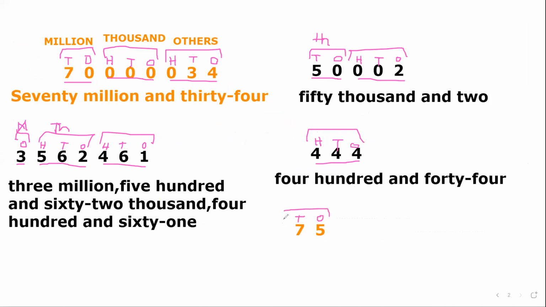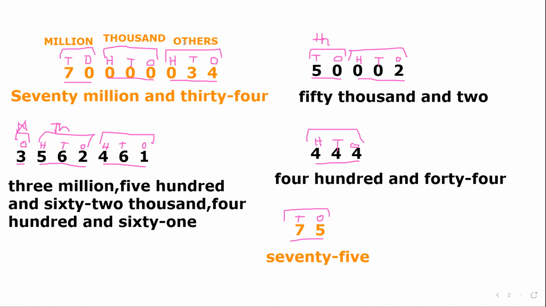Still belongs to others. They don't have a common name. So when you underline, you have 75. Okay, so you write the name 75. Good. Now this is how you write the number names for given numbers.